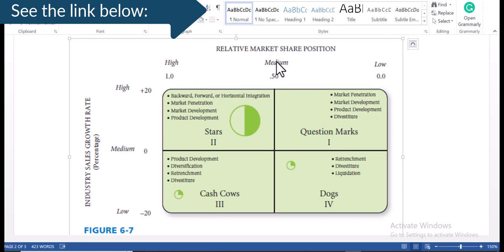So you can see that if a product attains the high side of both dimensions, it will fall under the star products. And here you can see the proposed strategies which this matrix suggests include backward integration, forward integration, horizontal integration, market penetration, market development, and product development.